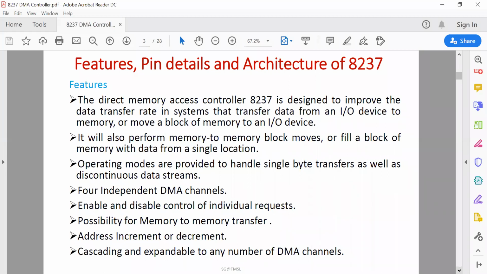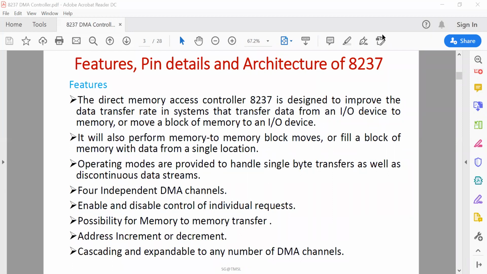Since the data transfer is done by hardware means, it is much faster than it would be if done by program instructions. We will look into this 8237 DMA controller in detail: the architecture, the features, the pin diagram, and the different addressing modes.